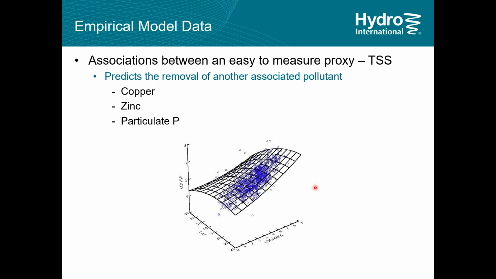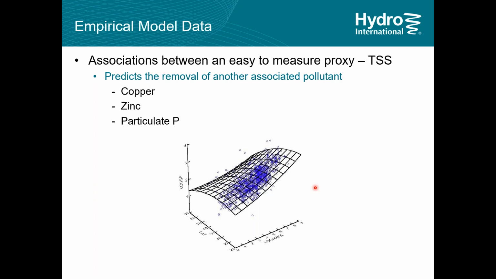We measure lots of sites and bring the data in, and through multi-regressional analysis you build some sort of three-dimensional mathematical model that allows you to predict the performance of your equipment to remove one pollutant based on its association with another pollutant.